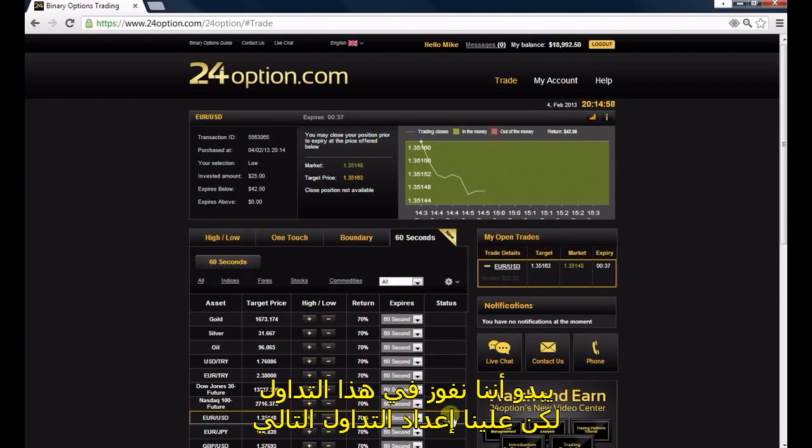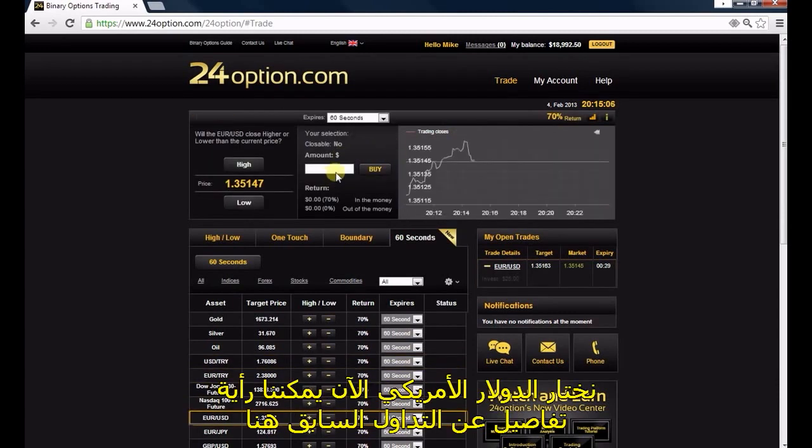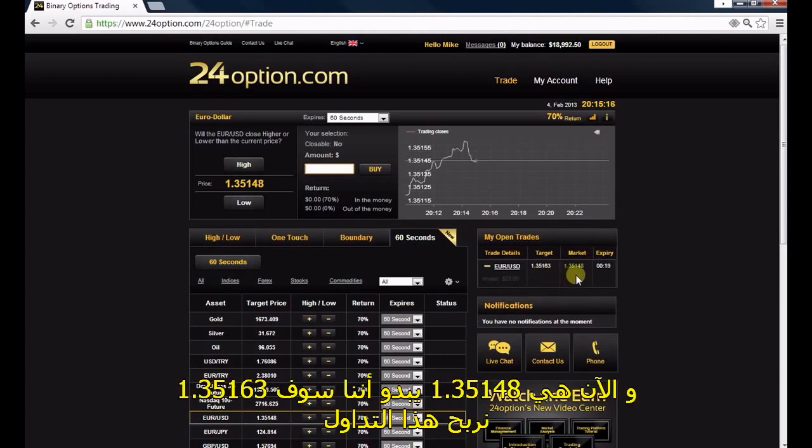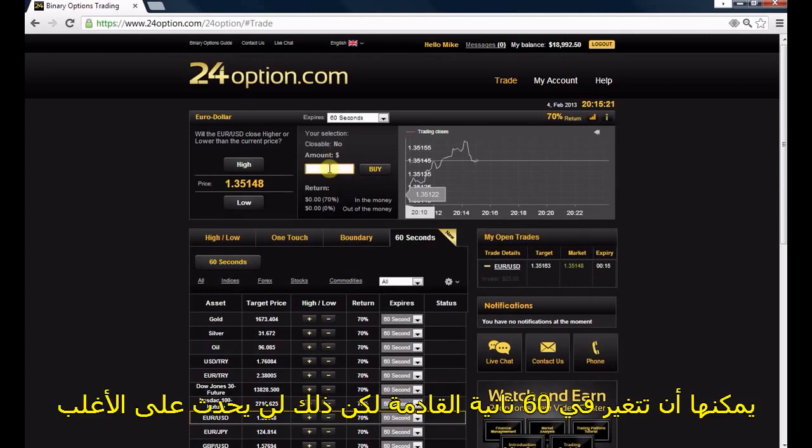This is the current trade, and it looks like we're winning it, but we want to get the next trade ready, Euro US dollar. We can see the status of the previous purchase: we entered at 1.35163, and it's 1.35148. Looks like we're going to win that one. It could change in the next 15 seconds, but probably not.